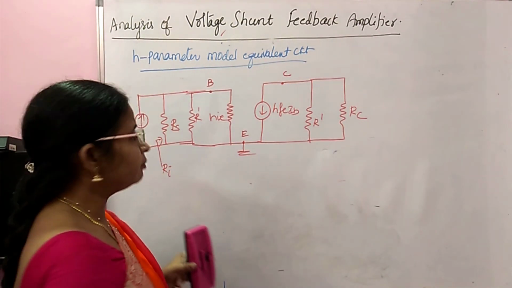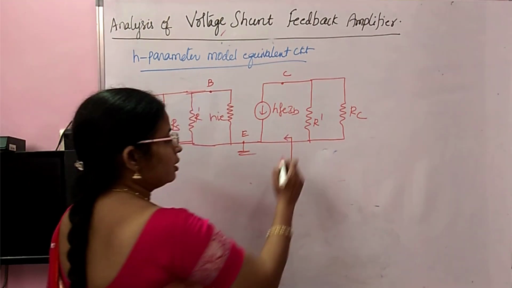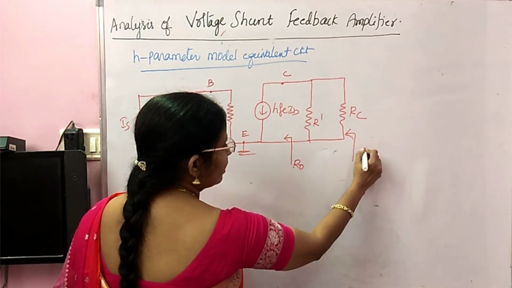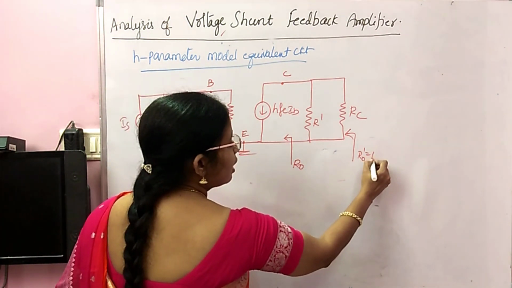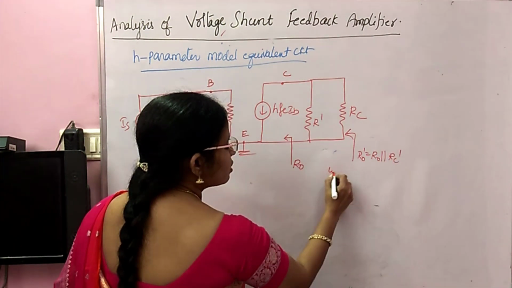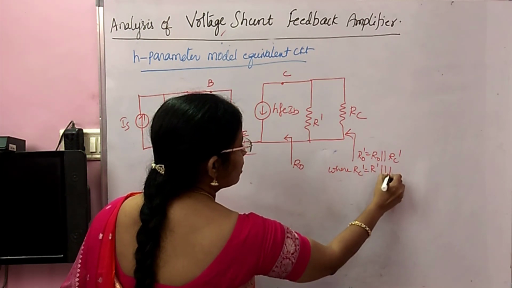This is Ri and this is R naught, and the total is R naught dash, which is R naught in parallel with RC dash, where RC dash is R dash in parallel with RC.